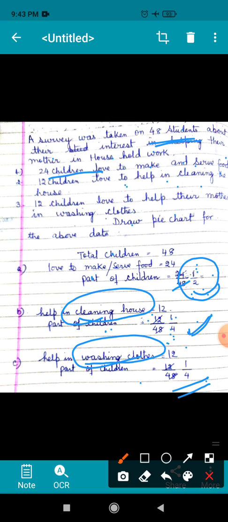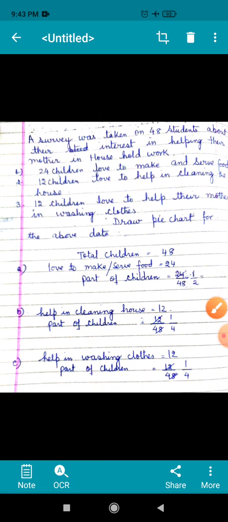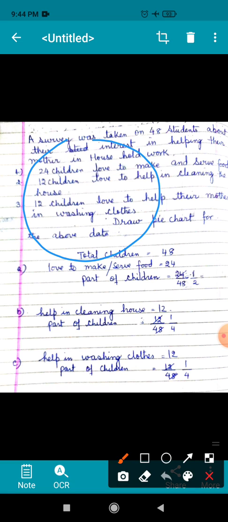Now easily you can draw a circle and divide this circle into different sectors. Half for the children who love to make and serve food. 1/4 part for the children who love to help in cleaning the house, and 1/4 part for the children who love to help in washing clothes.